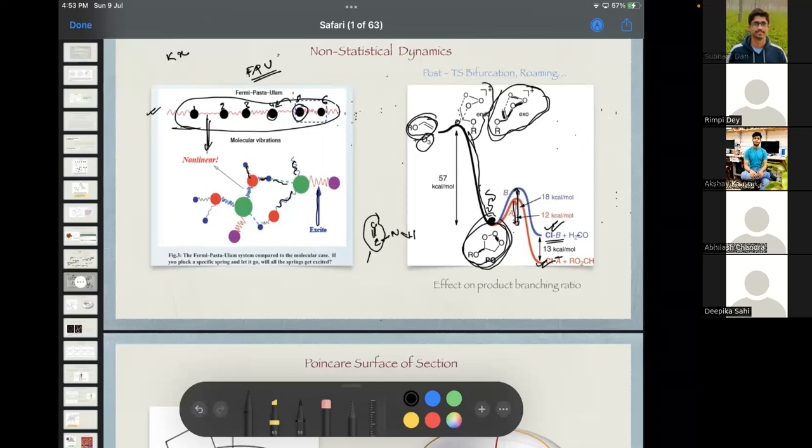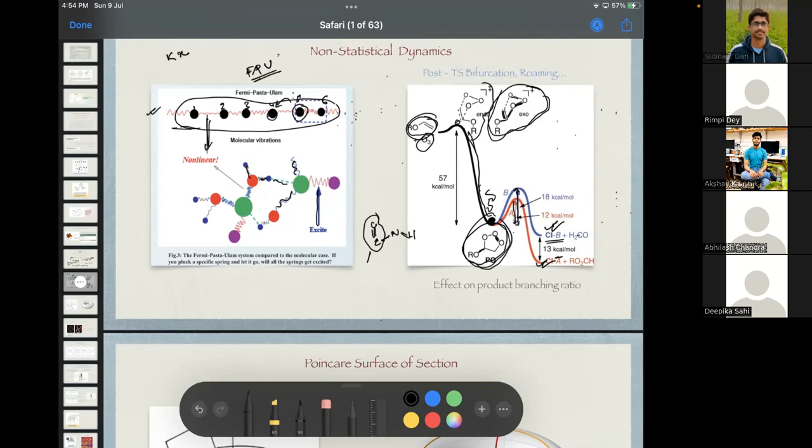There are many examples of this, of non-statisticality. So this is the deviation of statisticality, when energy can get localized into a particular vibrational mode, and the intermediate cannot properly equilibrate with the external thermal bath or solvent molecules. Then, depending upon the content of energy in a particular vibrational mode, the product ratio will vary.